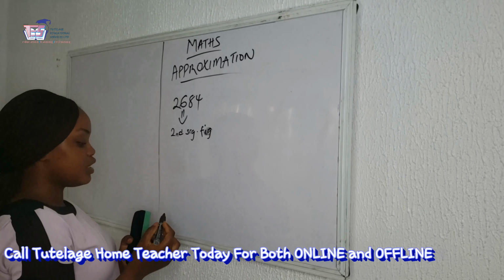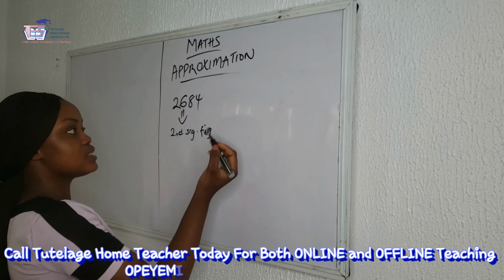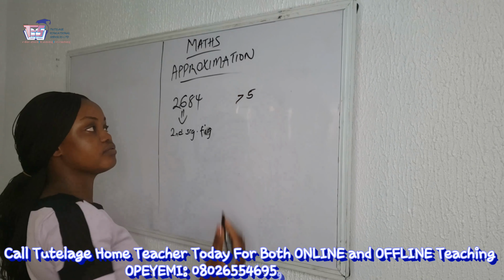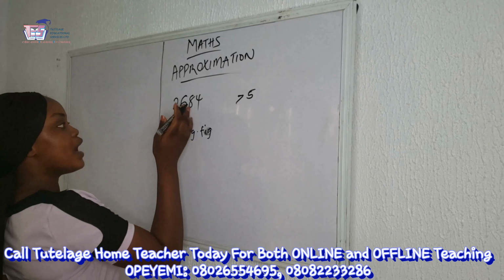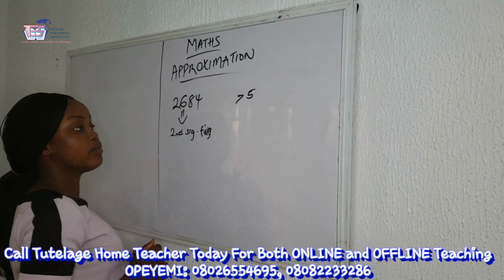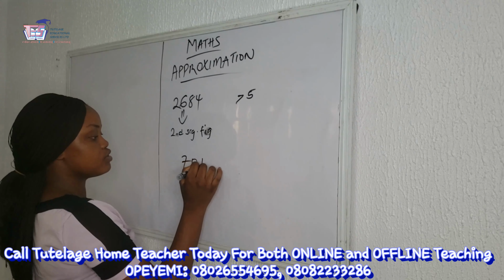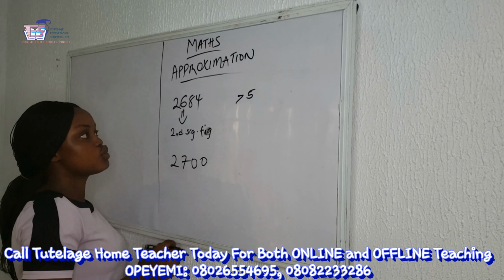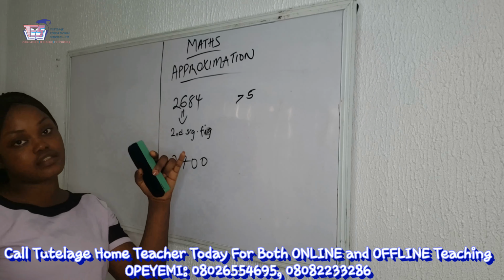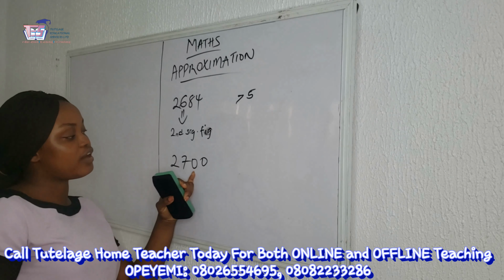You have 8. Now, we all know that 8 is greater than 5. So what do we do? We add 1 to the number before 8, it becomes 7, and all other numbers become 0. Your 2 still remains. So approximating 2684 to two significant figures, we have 2700.